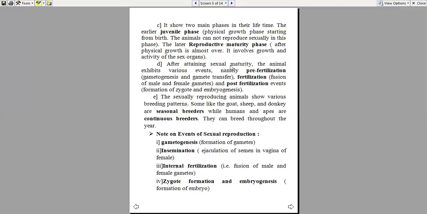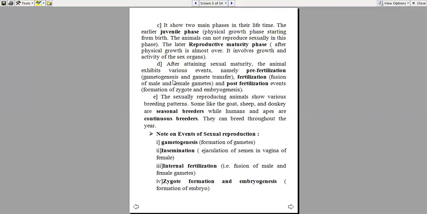After attaining sexual maturity, the animal exhibits various events, namely pre-fertilization, fertilization, and post-fertilization events.